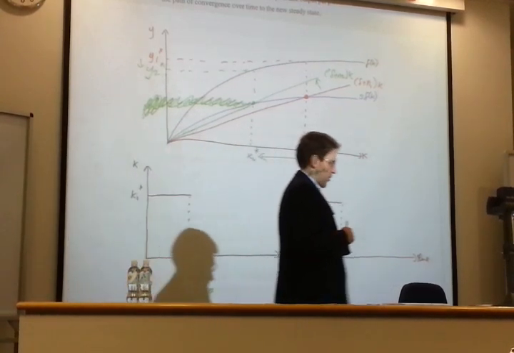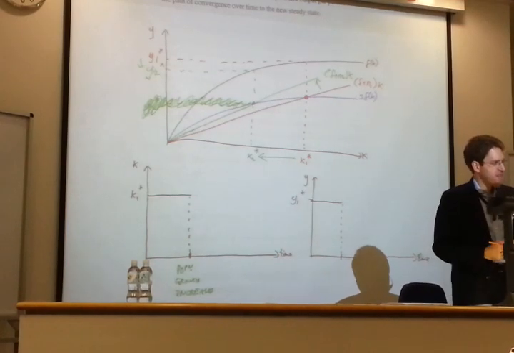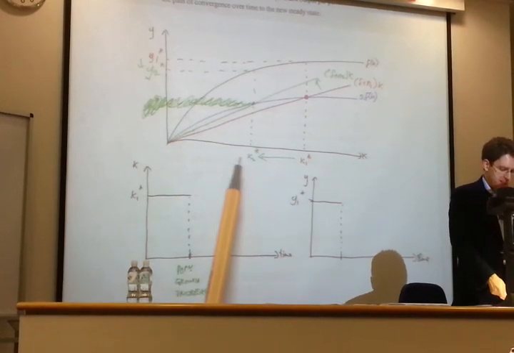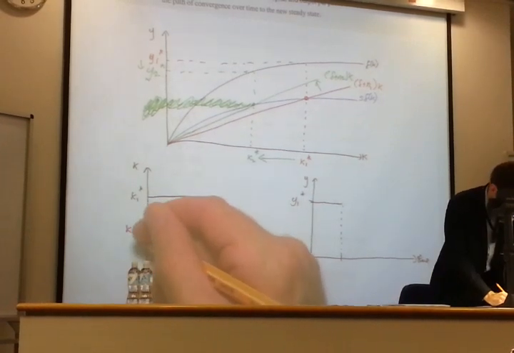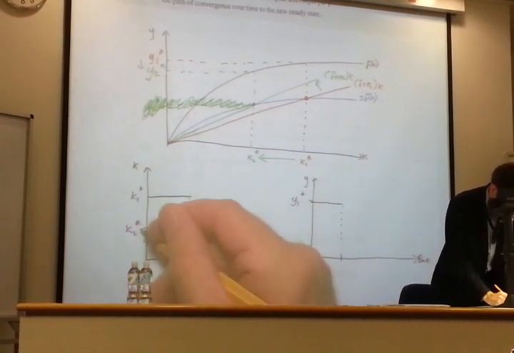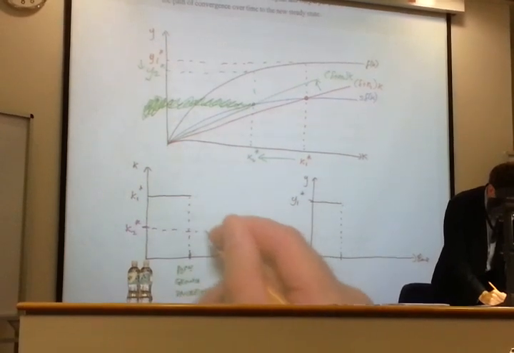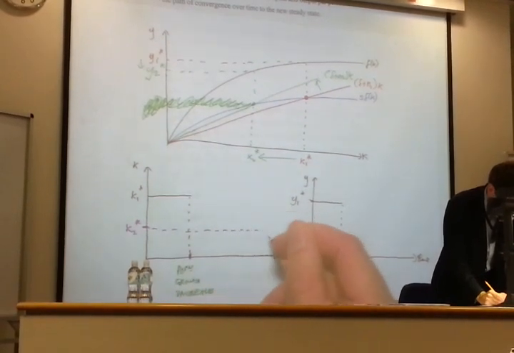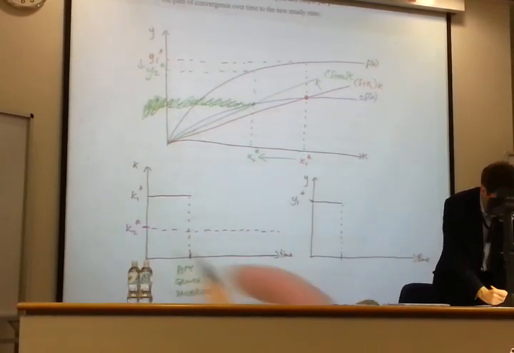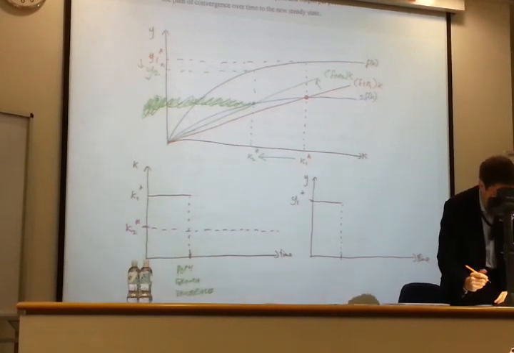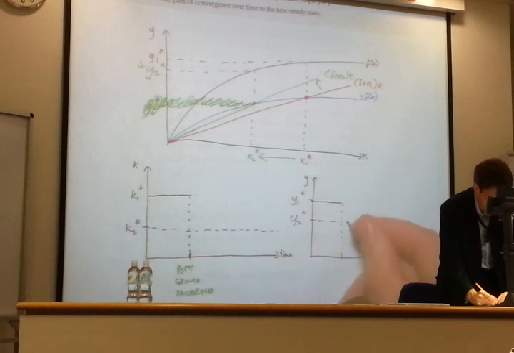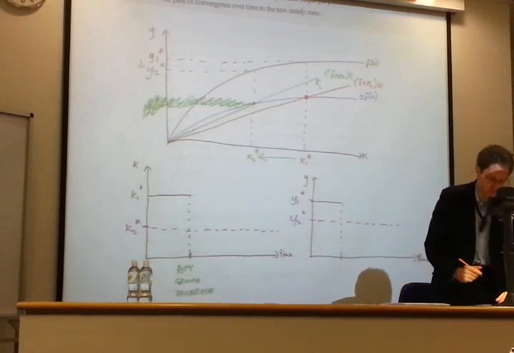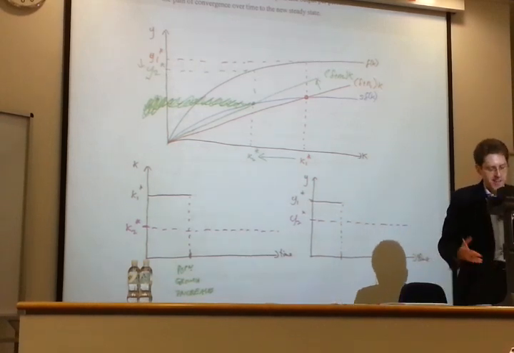And you'll end, of course, at the new steady state, which is lower. So at some point, you're going to end up at this level of capital labor ratio K2 star. Likewise, for output, you're going to end up at some point at Y2 star. The only question is, how quickly is that going to happen?